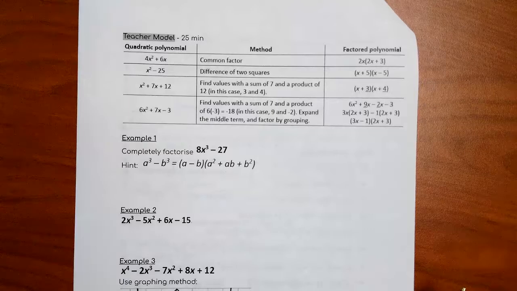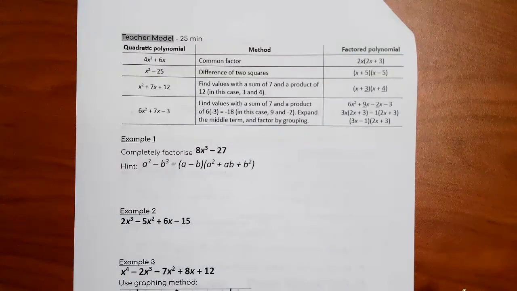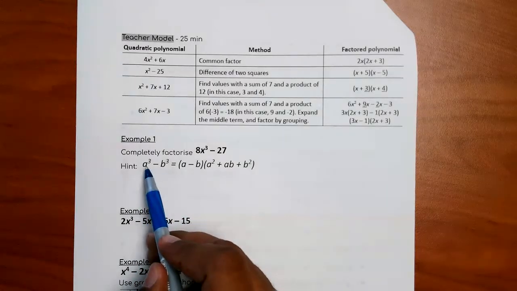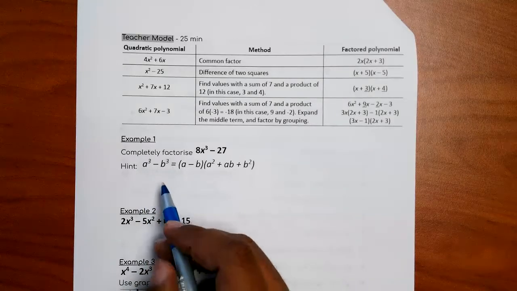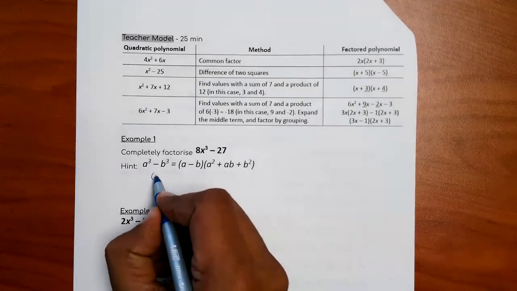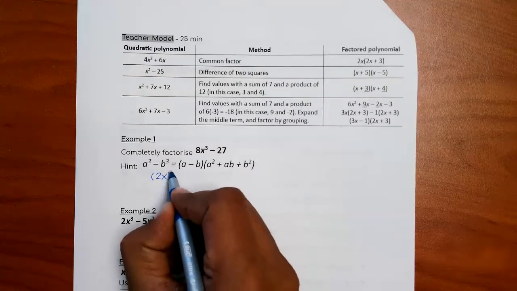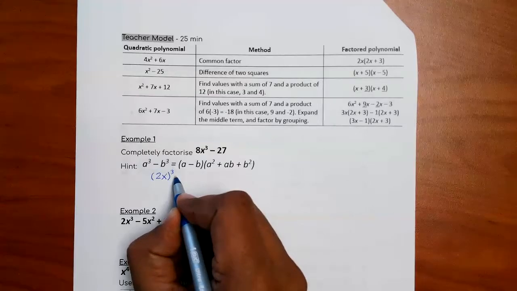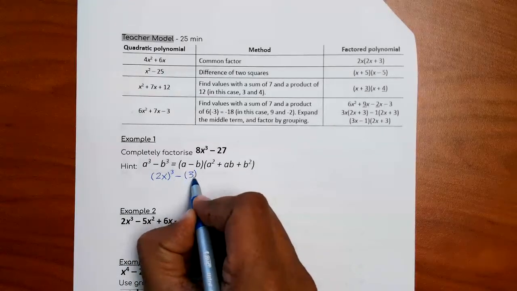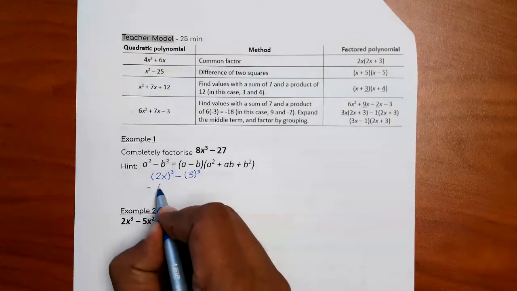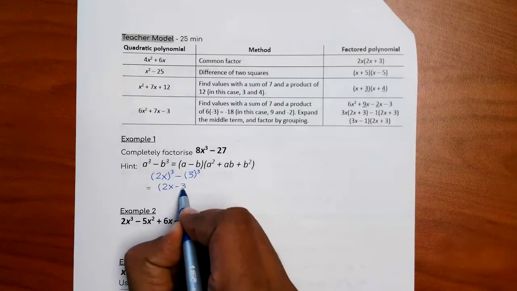Now let's do the first example. You can see that we have 8x cubed minus 27. And I have given a clue that you can use the difference of cubes identity. So 8 is basically 2 to the power 3. x cubed is x to the power 3. So I can first rewrite both of these terms in cube form: (2x) cubed minus 3 cubed. Then I will simply write (2x minus 3).